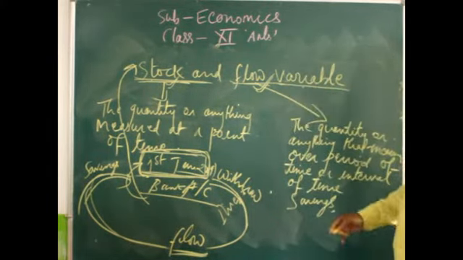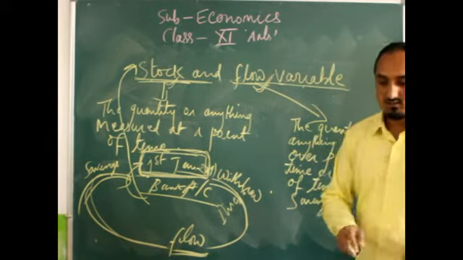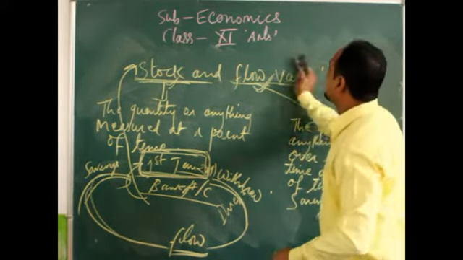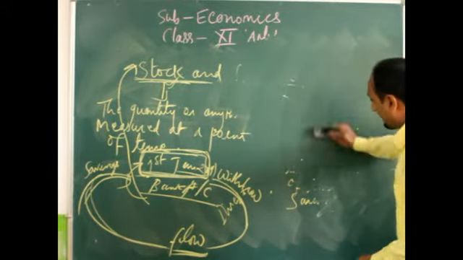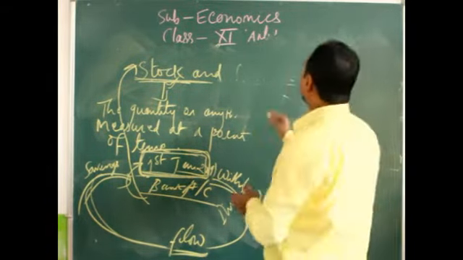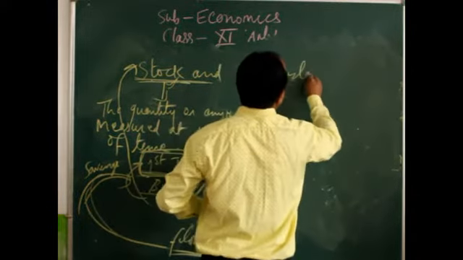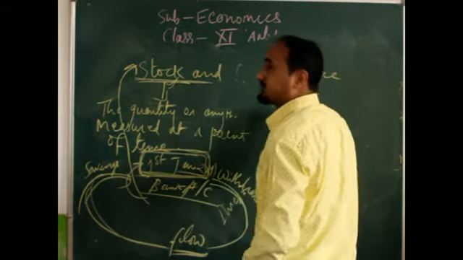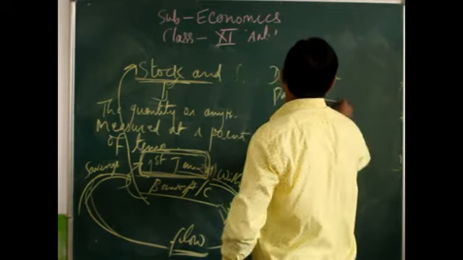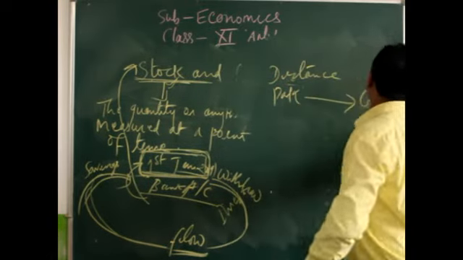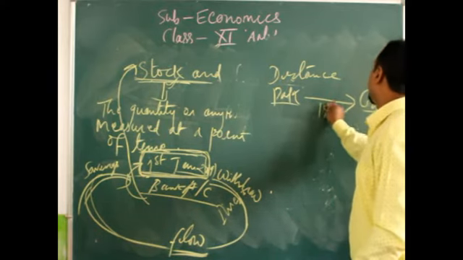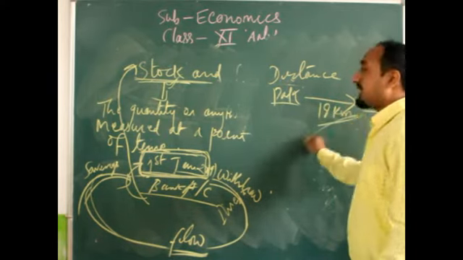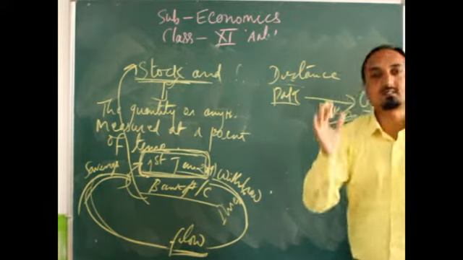Now next, consider distance. I'll give you one more example to clear your concept regarding stock and flow. Suppose the distance between Parking and Gangtok is 18 kilometers. So that 18 kilometers will remain the same.